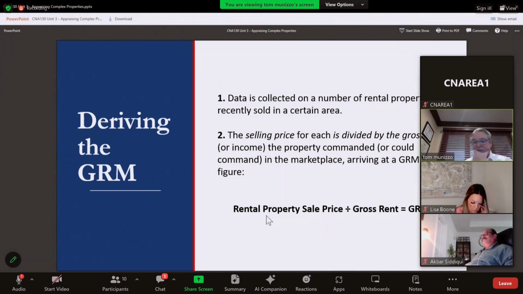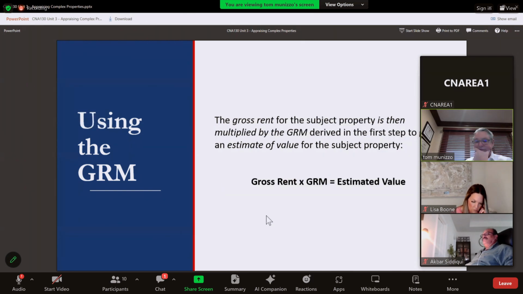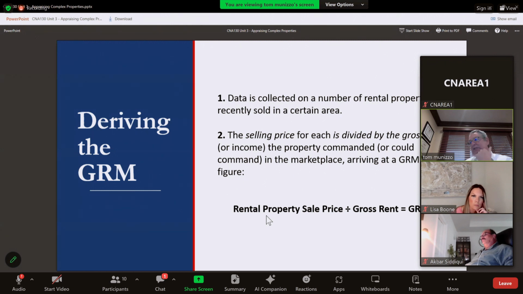So if your sales price of the property is $100,000, and you divide that by your annual rent of, say, $12,000 at $1,000 a month, your gross rent multiplier is 8.3.